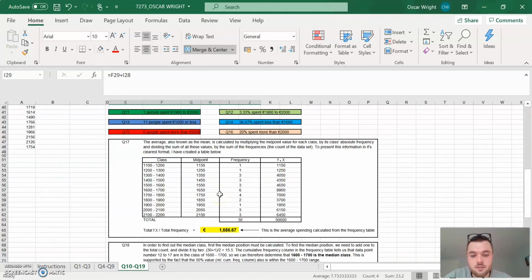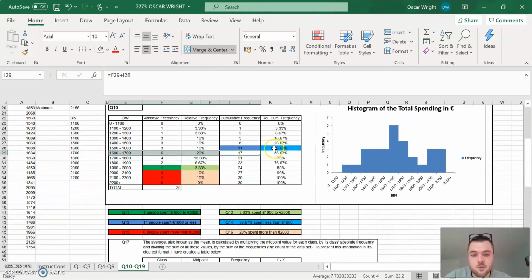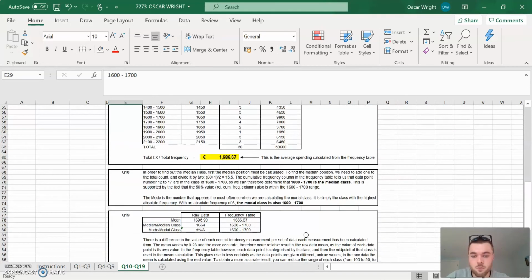This is also supported by the fact that if we look in terms of percentages, we know that the median or the middle position must be the 50% mark, because that would make sense. And we can see here that from 36.67 up to 56.67 is in the 1600 to 1700 class. So therefore we know that the 50% person must be in this range as well, which again supports what we said before, the 1600 to 1700 range.